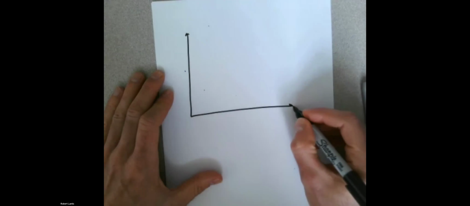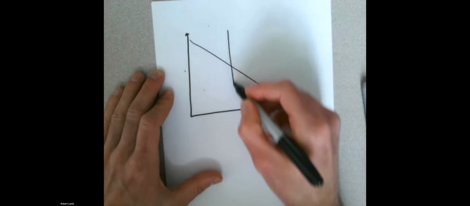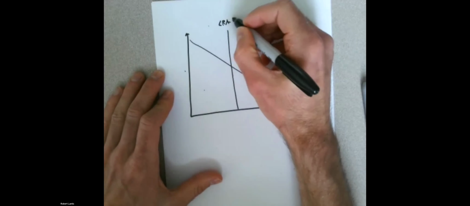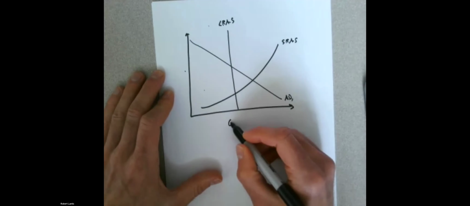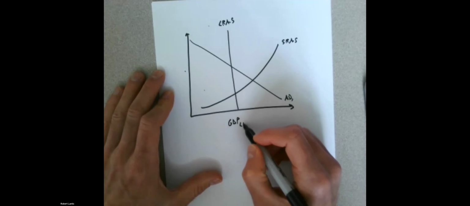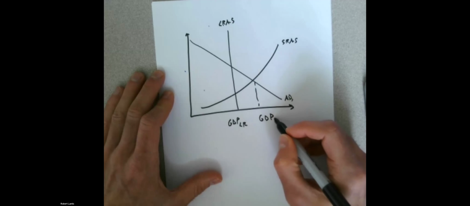So if we know that this is going to occur, one thing we could think about is, let's say I have that same scenario where the starting long run GDP and short run GDP were right here.